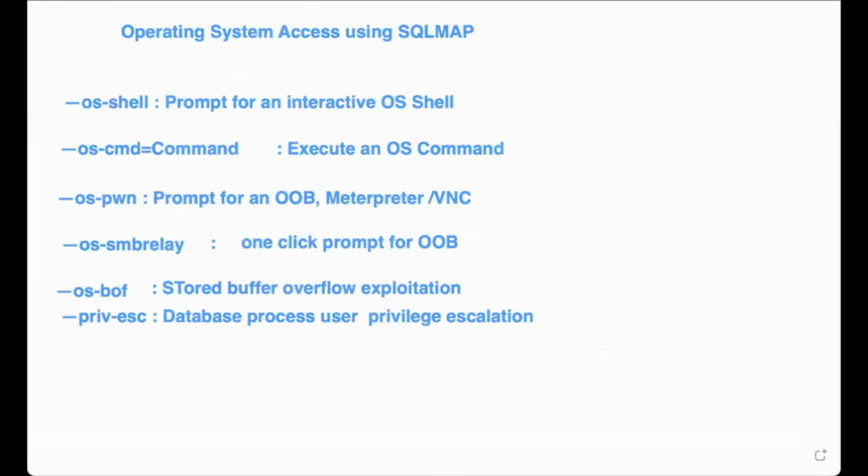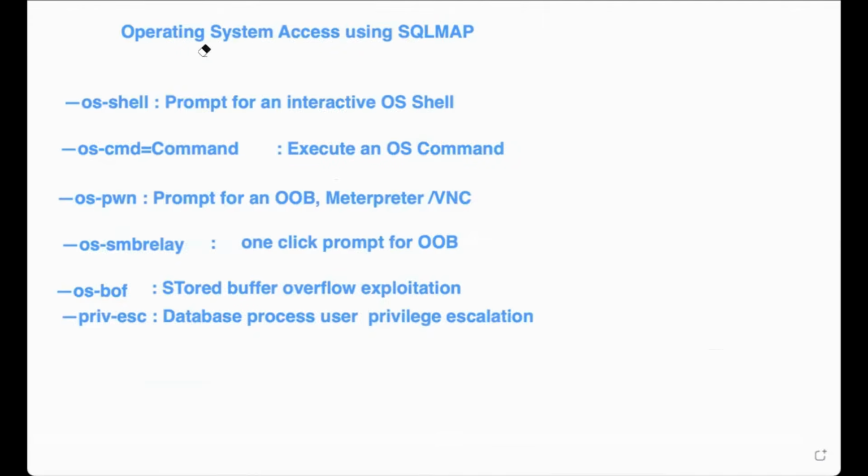We have some scripts in Nmap also, and these scripts scan for vulnerabilities. In SQLMap also we have scripts called tamper scripts, and we use those tamper scripts to bypass some restrictions, firewalls, or network filtering.